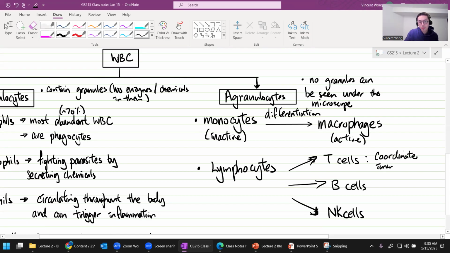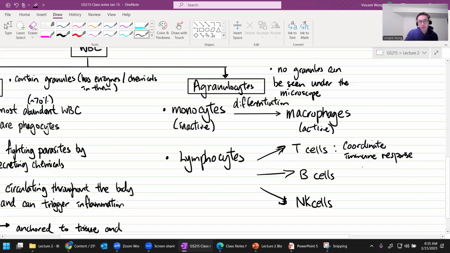coordinate immune response. B cells make antibodies. And NK cells, NK stands for natural killer cells.